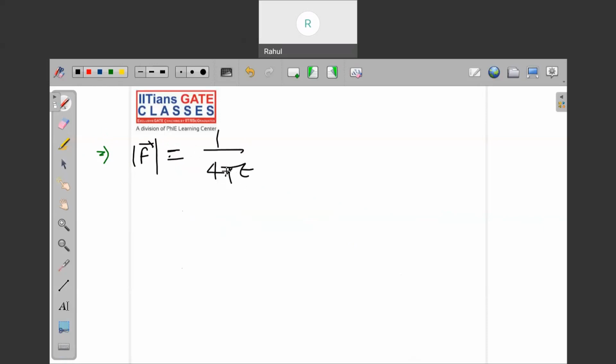This is where it matters where the charges are kept, whether in free space, inside water, or any different medium. If it is epsilon naught, F equals 1 by 4 pi epsilon naught q1 q2 upon mod r square. It has the unit Newton.